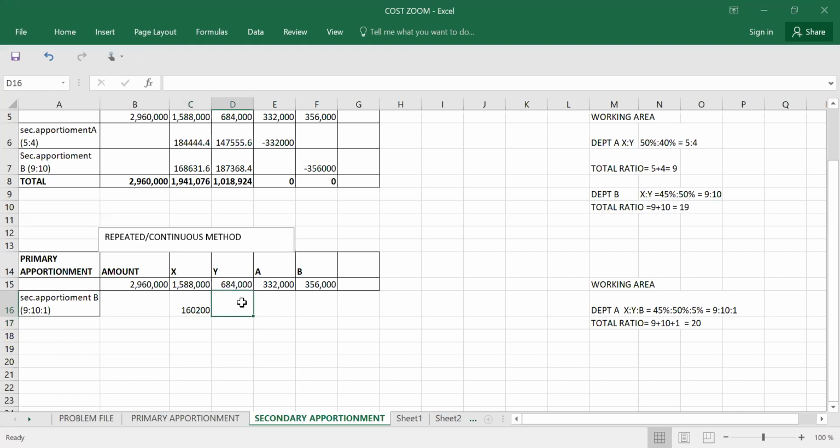We do the same for Y. Y is getting 10 divided by the total, which is 20, multiplied by the cost we're distributing. And that's what we have. Then A will get 1 out of 20 times the cost of this.